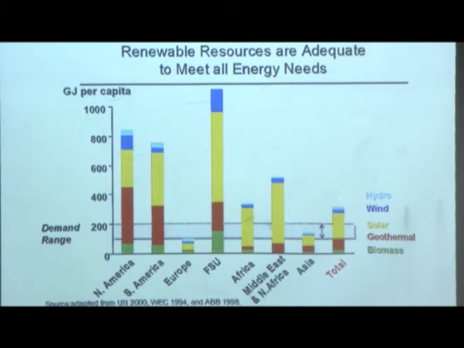So if you look at the global level, we really have enough non-conventional energy available to sustain our civilization. But the problem is that right now we don't have technology by which we can exploit these sources in an economical fashion.